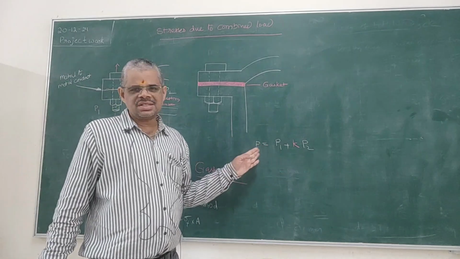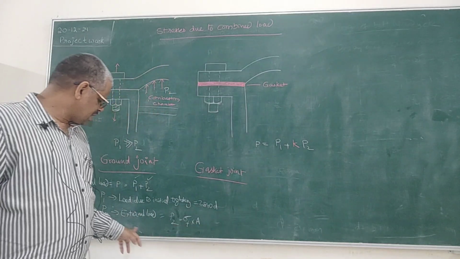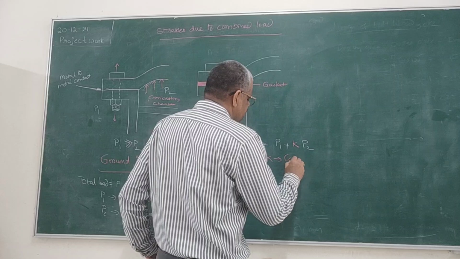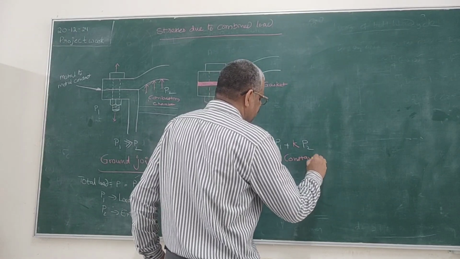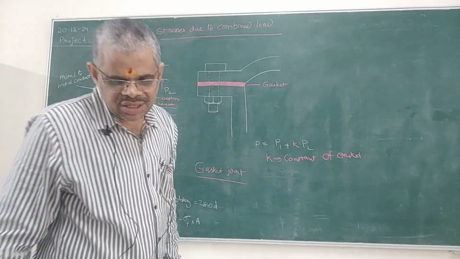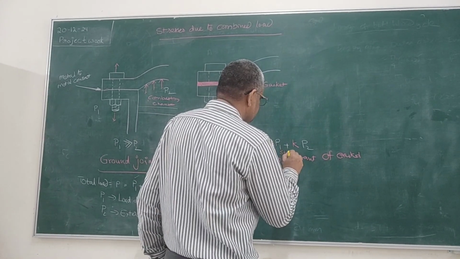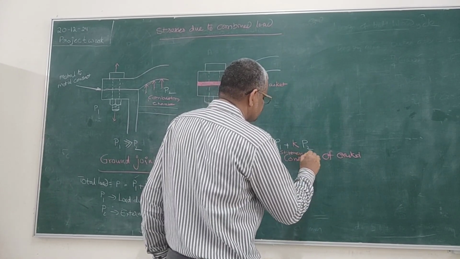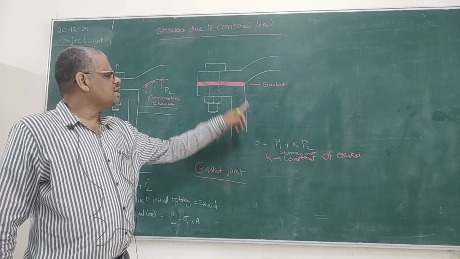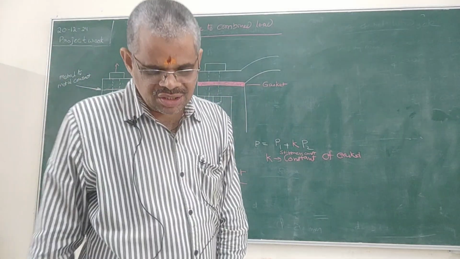So as usual, P is the total load, P1 is the initial load, and P2 is the external load, and here K is the constant of gasket. It is also called the stiffness constant of the gasket. So this K value depends upon the material of the gasket, and there are different values for this constant.